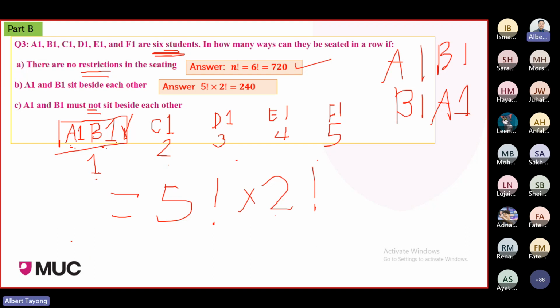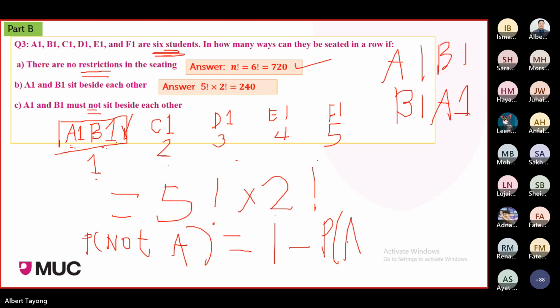So for the complement, we have P of not A equals 1 minus P of A. Okay. So the one here is the whole, 100%. This is 100%, 1.